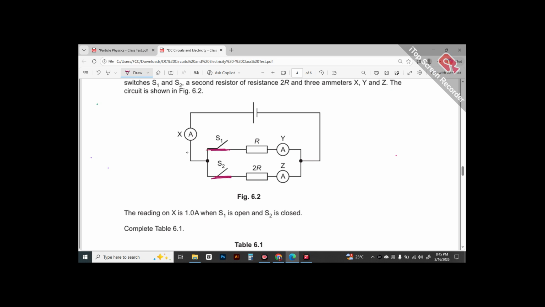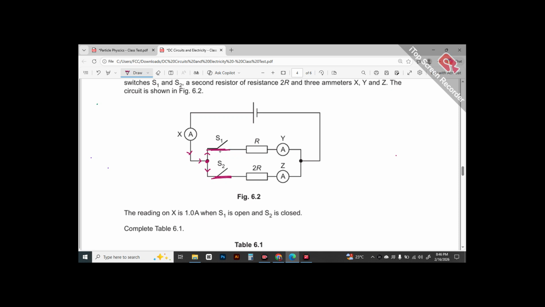That is, when the current comes here, ammeter X gives you a reading. Then this right here is a junction and the current gets, I wouldn't say divided, because it does not have to be in equal parts, the current gets distributed. A certain portion of current goes towards this path S1 and the remaining goes towards S2.